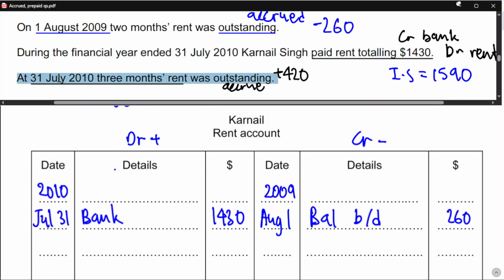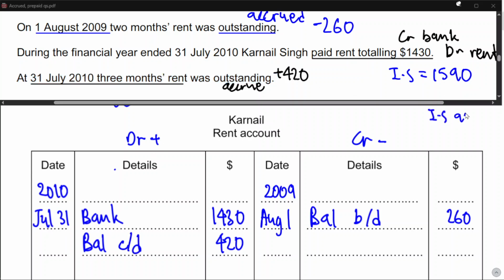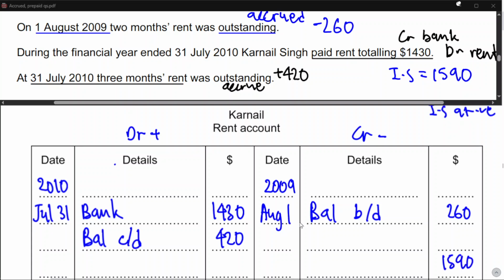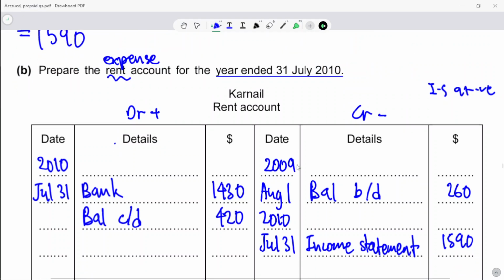The third line plus 420, plus 420. So last day is balance CD. Don't forget the income statement, IS at negative, so minus 1590. Okay, one is income statement. Okay, now we can close the account.